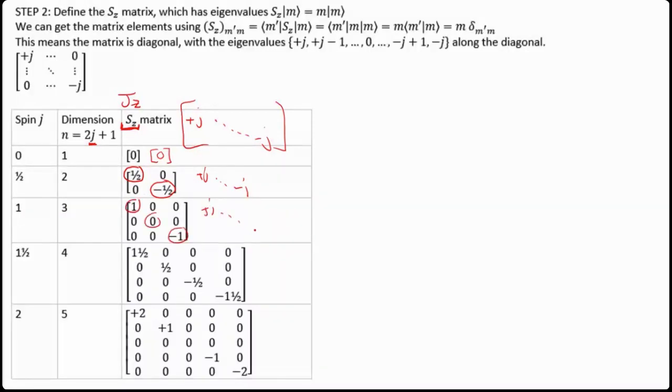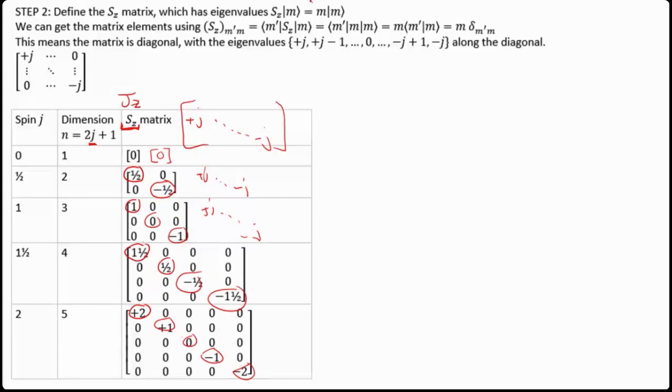Again, that's plus J down to minus J. Spin 1.5, it's 1.5, half, negative half, negative 1.5. And then for spin 2, it's 2, 1, 0, -1, -2. So the Z matrix is usually very, very easy to get.